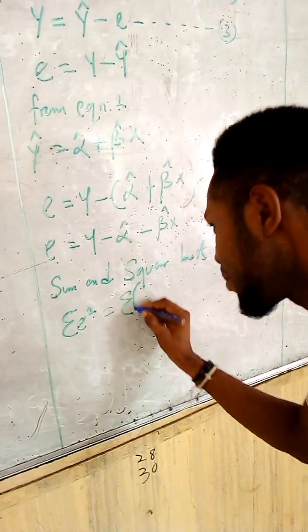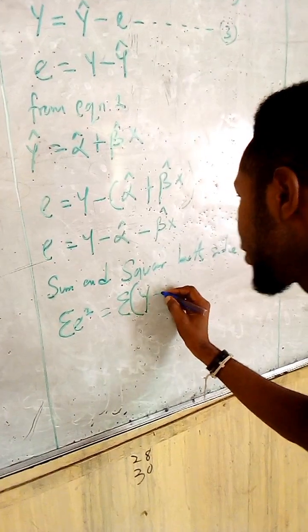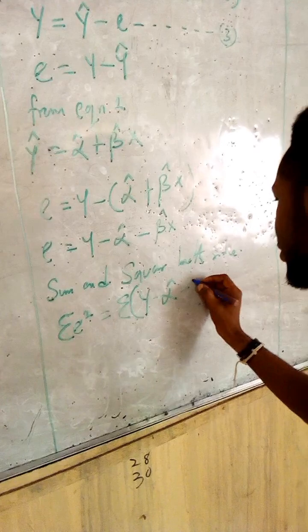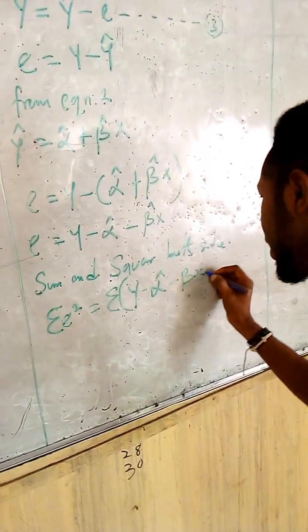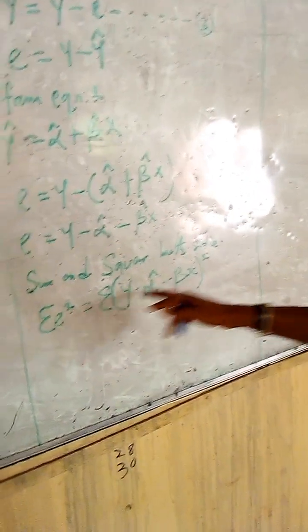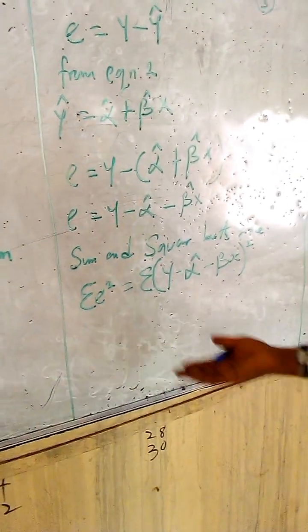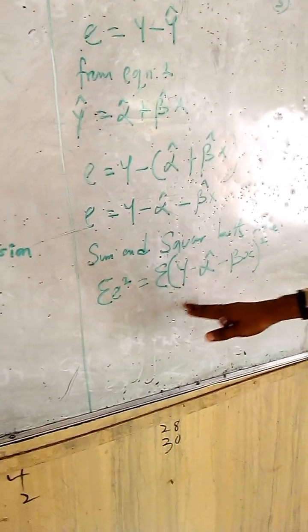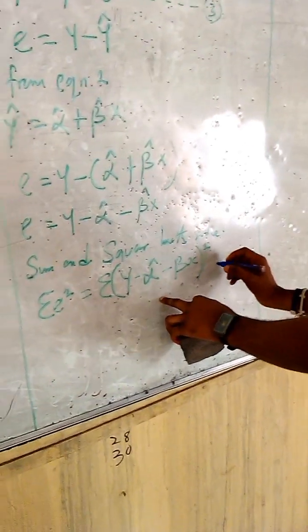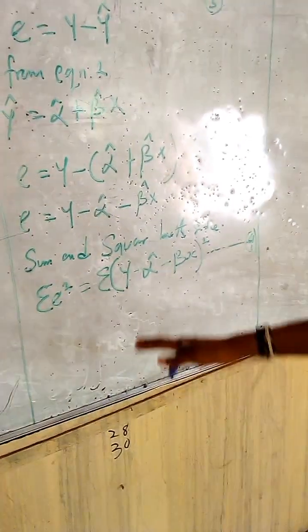I'm putting it inside the bracket, which is y minus alpha cap minus beta cap x, all squared. So this is my square, this is my summation. By the time you arrive at this step, this becomes your equation 4.